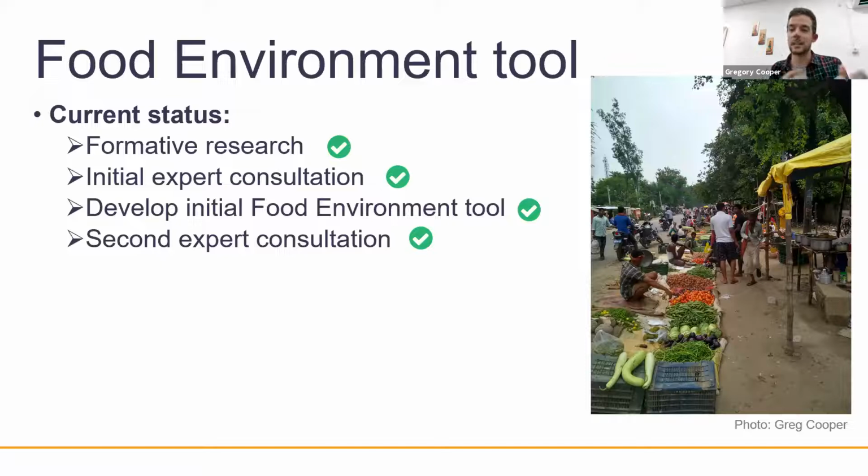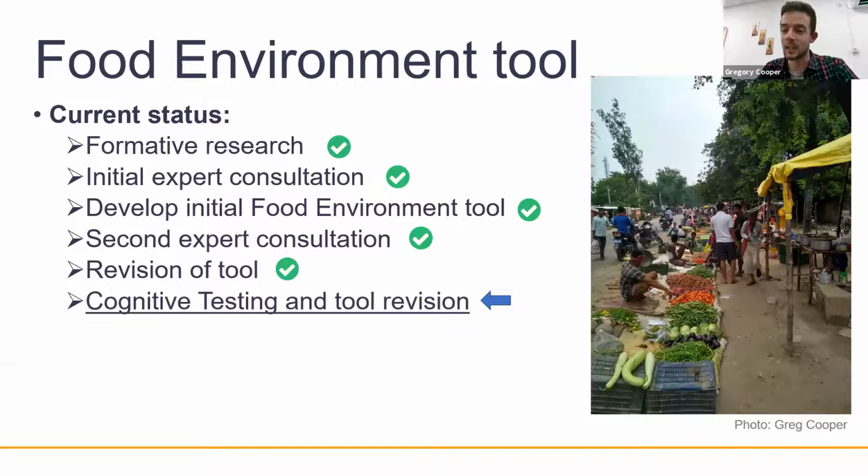In turn, this was evaluated by a group of experts to try to make the questions more precise and more meaningful, thinking about what end results we're going to be trying to produce from this survey. And this has then led to the revision of the tool and where we are currently.